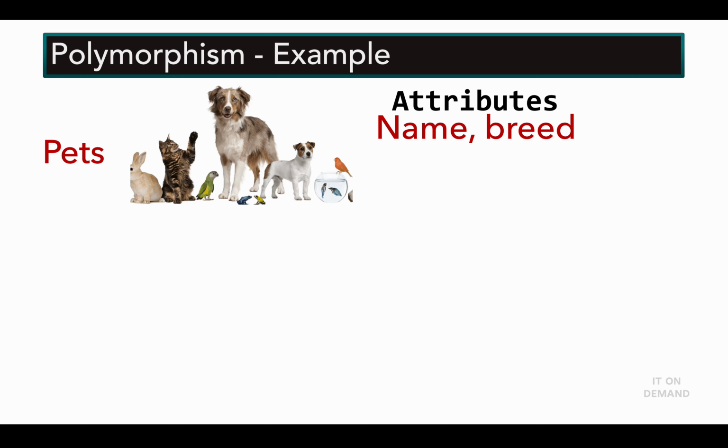Right? So if you have a cat at home, the cat has a name, the cat has a breed. If you have a dog at home, the dog has a name, the dog has a breed. And then we talk about the behaviors, which is what the pets do in general. So all pets sleep and all pets eat, all right?